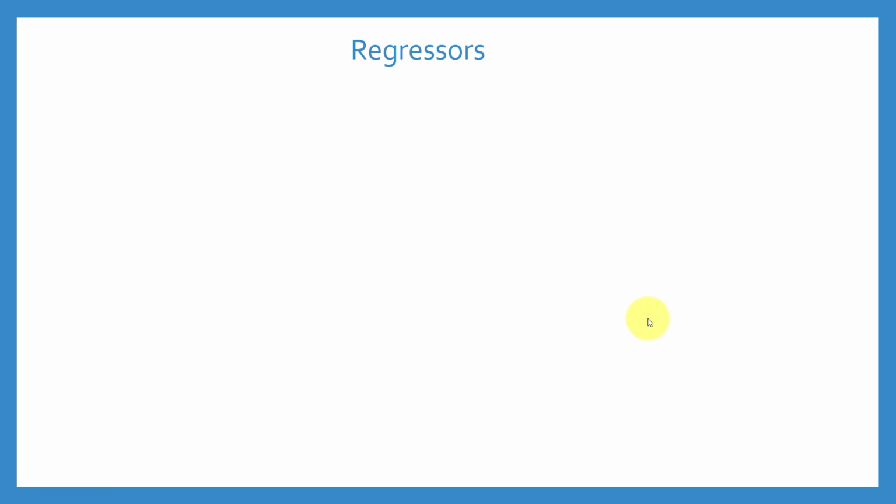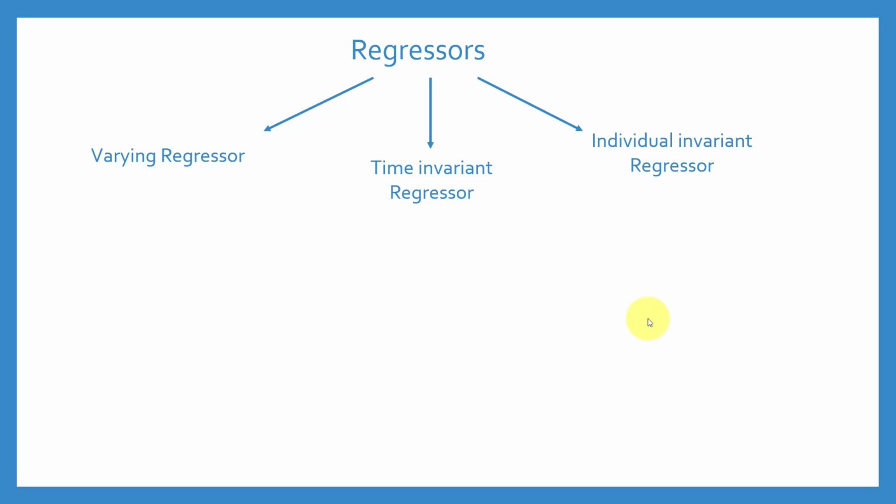So we are also going to discuss some other topics that would clear our idea when we move towards panel and fixed effect. So we have different types of regressors. We have varying regressor, we have time invariant regressor, and then we have individual invariant regressor. By regressor, what I mean to say is that there are 3 different types of variables.